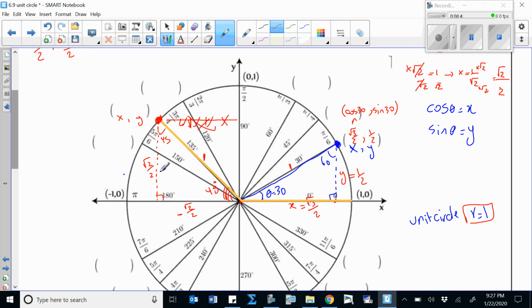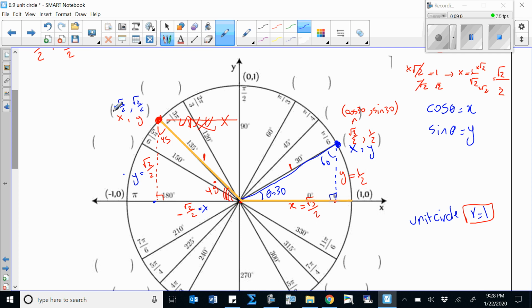So we're done. We found the x and y value because the horizontal distance between this point and the origin is called x, and the vertical between this point and the x-axis is y. So the point is negative radical 2 over 2 and radical 2 over 2.